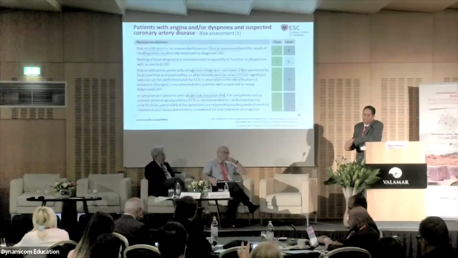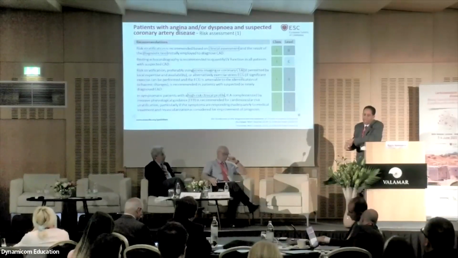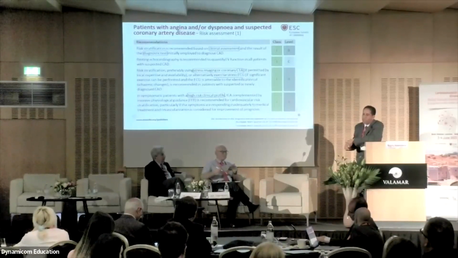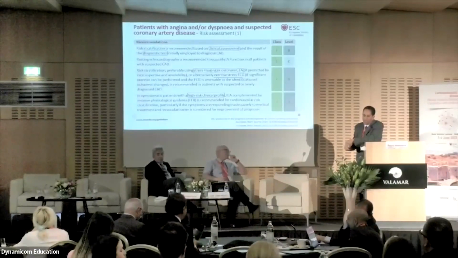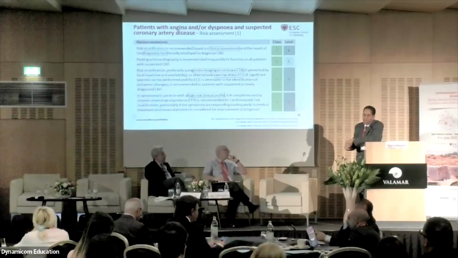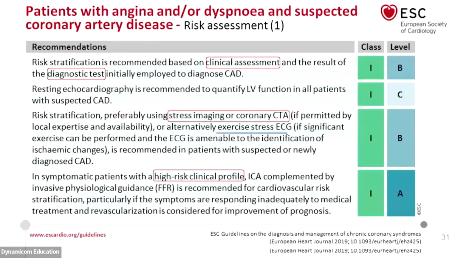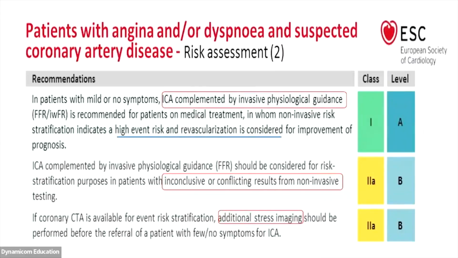Also, risk stratification should be done using stress imaging, coronary CT angiography, or the exercise test if the patient is able to do exercise. And in symptomatic patients with a high-risk clinical profile, invasive coronary angiography complemented by invasive physiologic guidance, estimation of IFR, FFR in the cath lab for borderline lesions to assess the hemodynamic significance of this coronary artery disease, is class 1A recommendation.